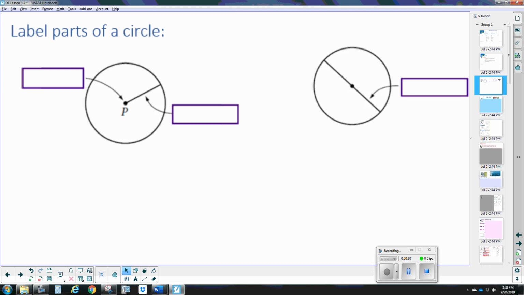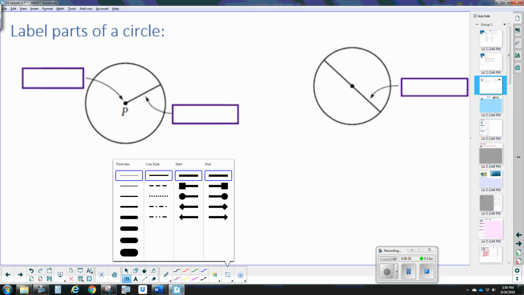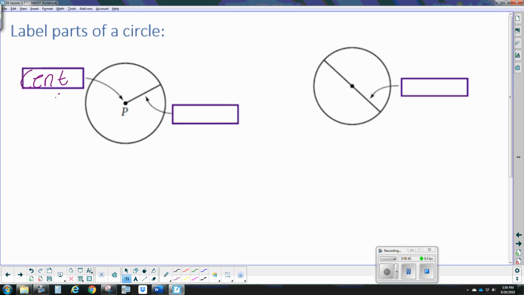Let's label these diagrams. The first one, point P, this is the center. When we talk about circles, we define circles by their centers.